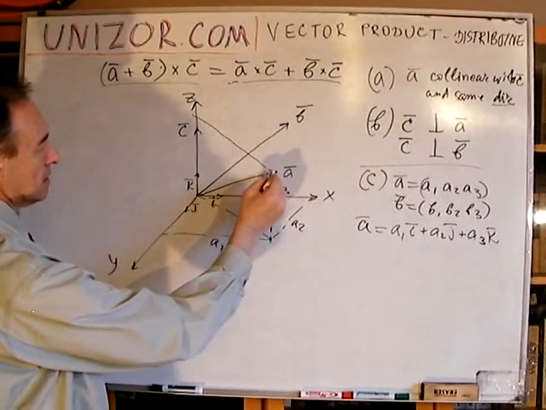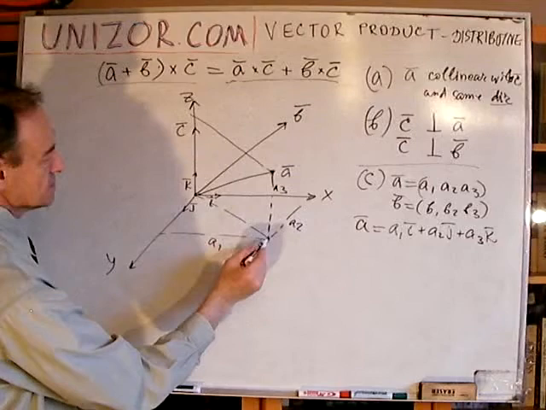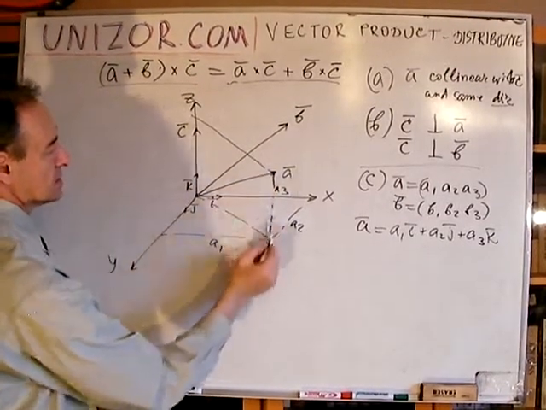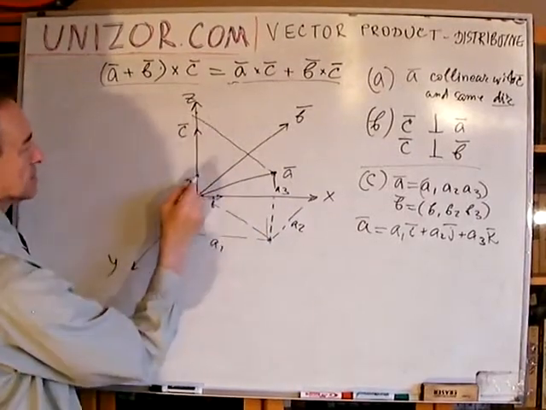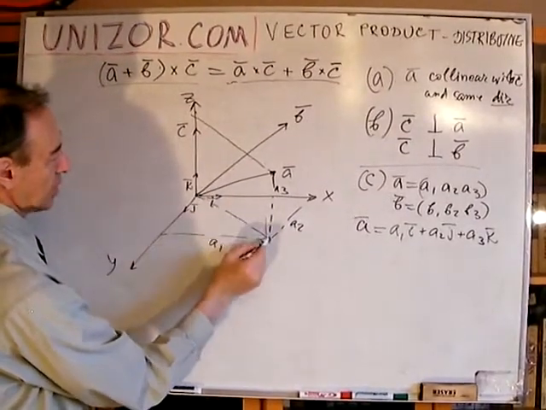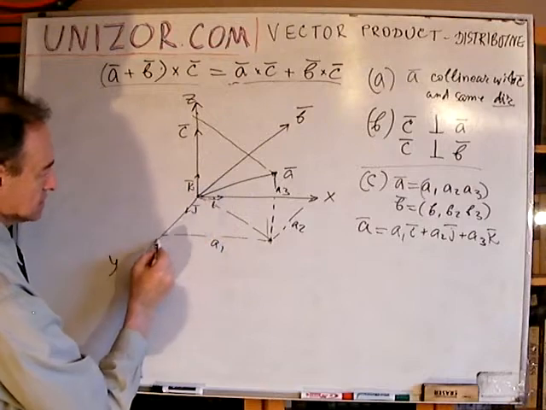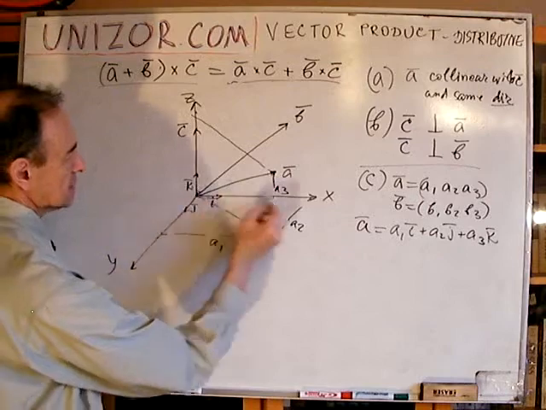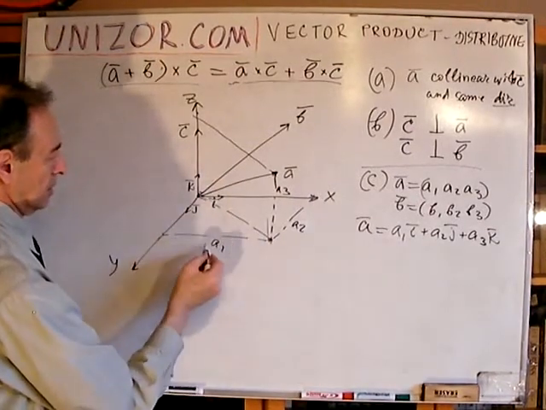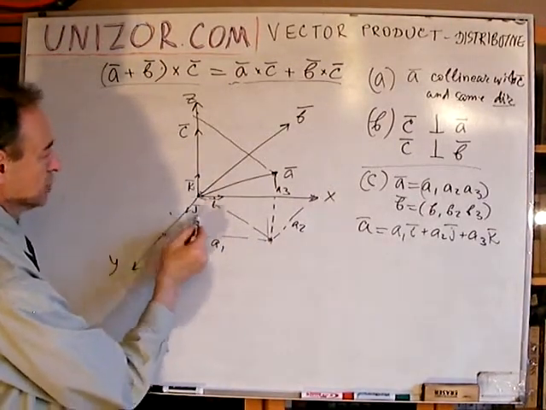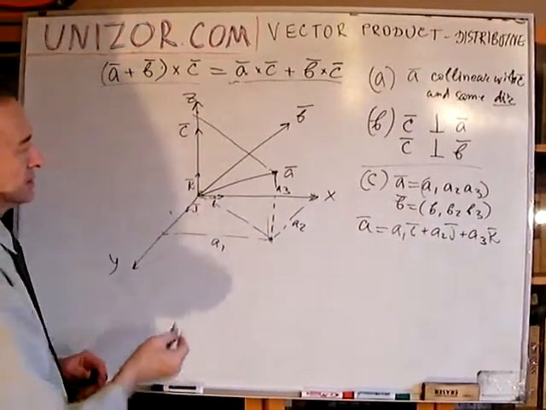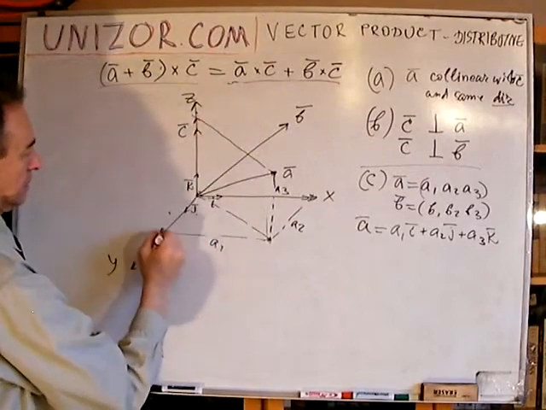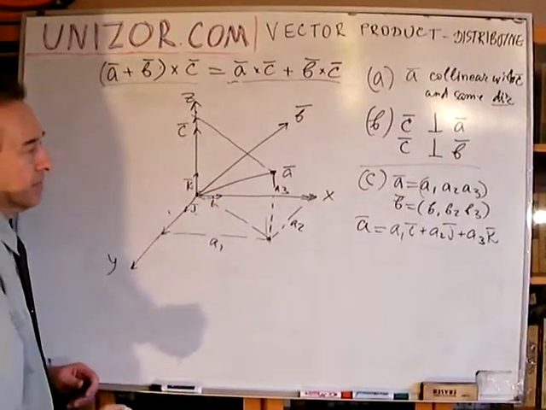Vector A can be represented as sum of this plus this, right? Now, this is A3 times K. Now, this is A2j, and this is A1i. So, sum of these three vectors gives me A.